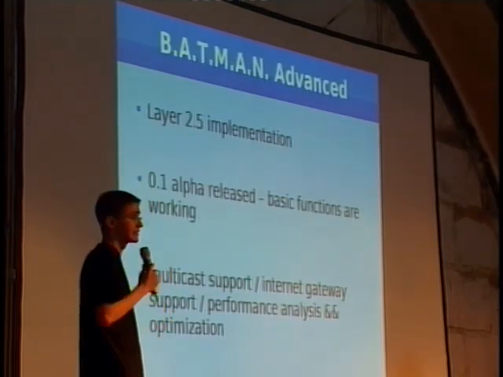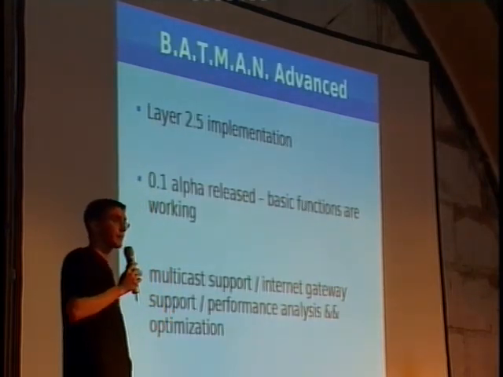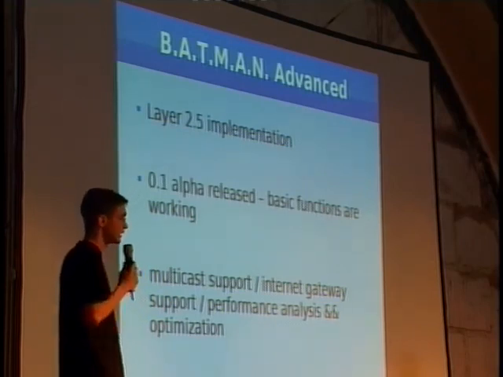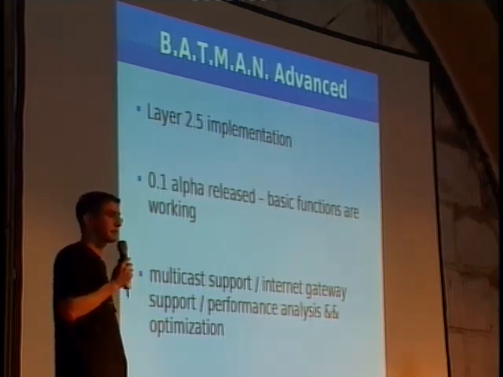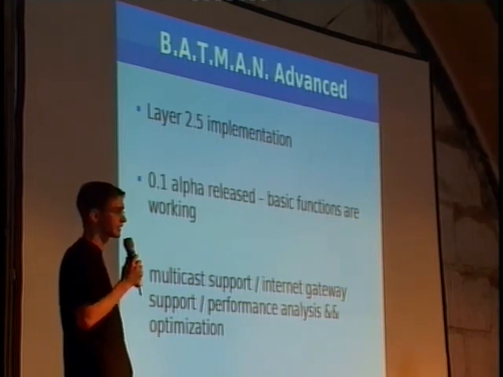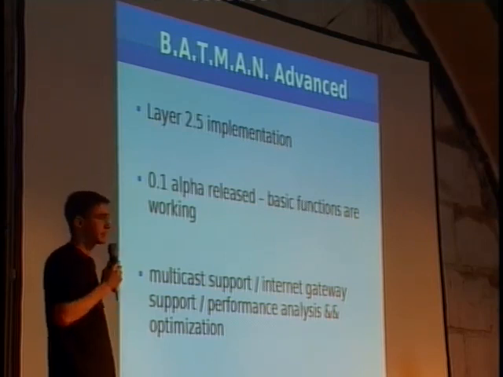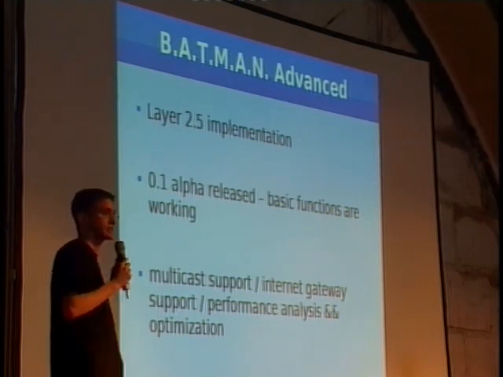And here comes the interesting hacking part. We thought Batman on layer 3, IP-based routing, is very interesting, but more interesting is Batman on layer 2. So we created Batman Advanced, which is a re-implementation of the Batman algorithm on layer 2. It means it works on the MAC address layer.